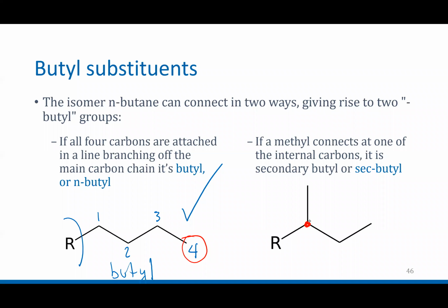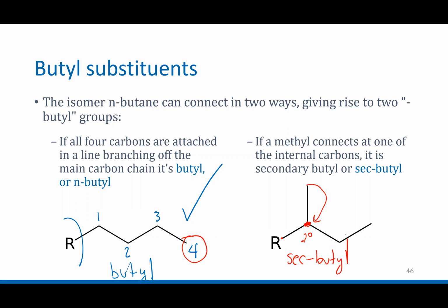So this methyl here, this carbon is attached to a secondary carbon. So this would be called sec-butyl.